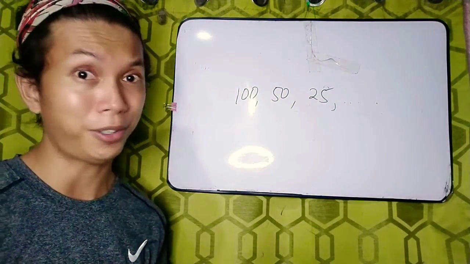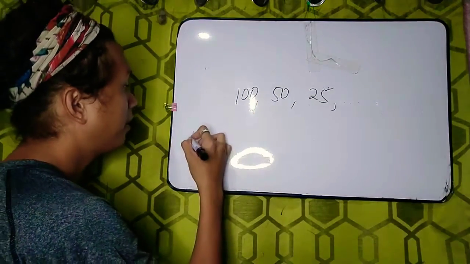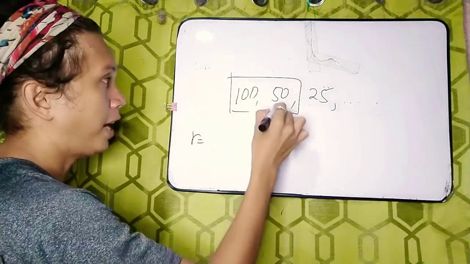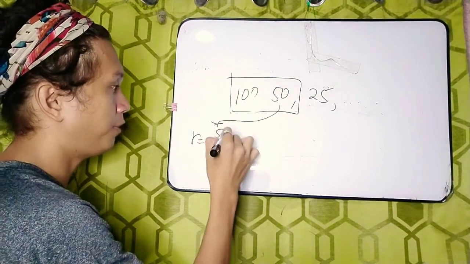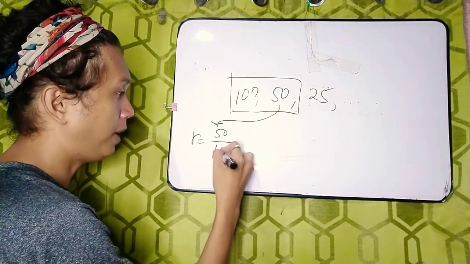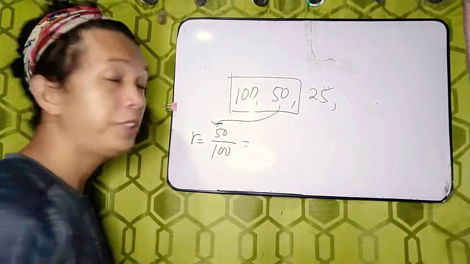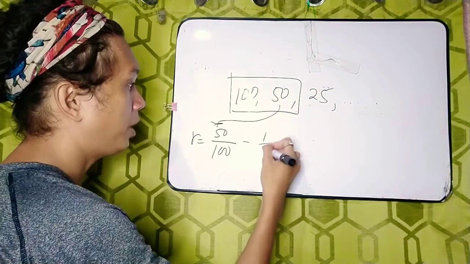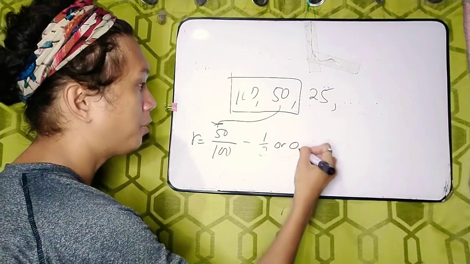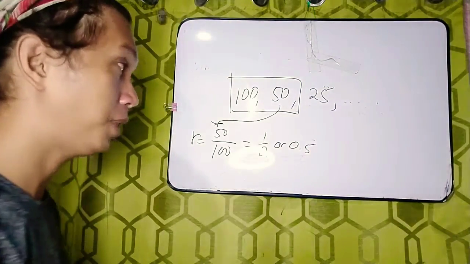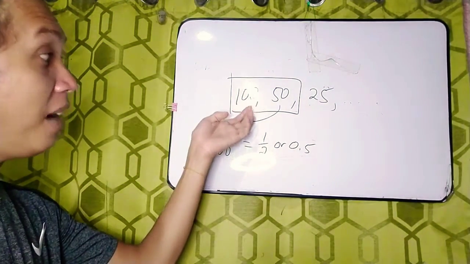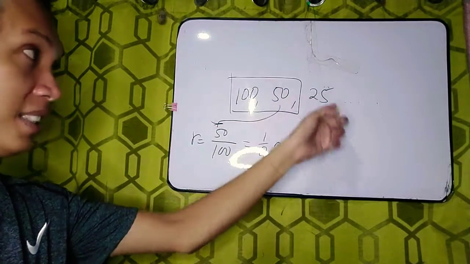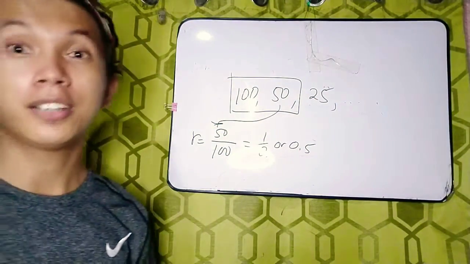How is that so? So let's get the common ratio. Let's get two terms. So write the second term first. That's 50. Then divided by 100. So 50 divided by 100 is actually 1/2 or 0.5. Okay? So what's 1/2 of 100? That's 50. What's 1/2 of 50? That's 25, and so on and so forth.